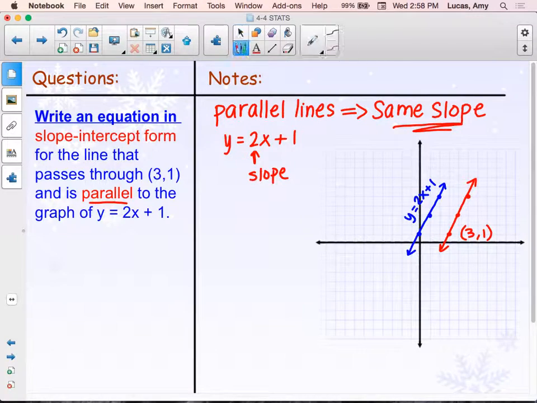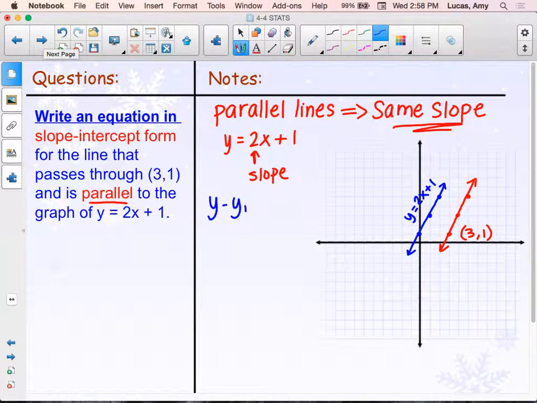Now to use algebra to solve this, I can use point slope form, and I can plug in what I know. I know the ordered pair is 3, 1, so that's x1 and y1, and I know my slope is 2, so that's m.